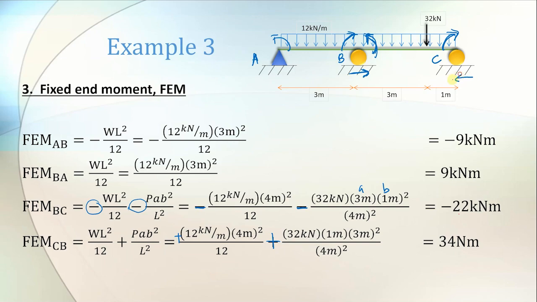So tengok dekat C lah. So bila you tengok dekat C, 1 meter ni jumpa dulu, so that one become A and 3 meter become B. Power of 2 divided by the total length of beam CB. I get 34 kilonewton. Typo meter.